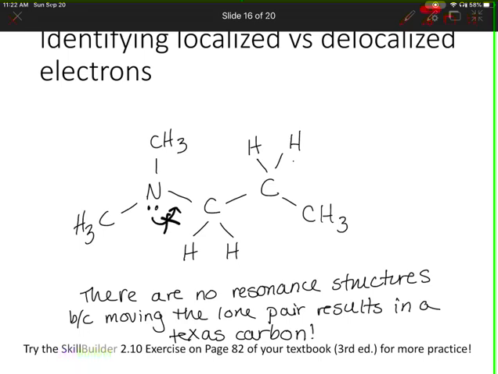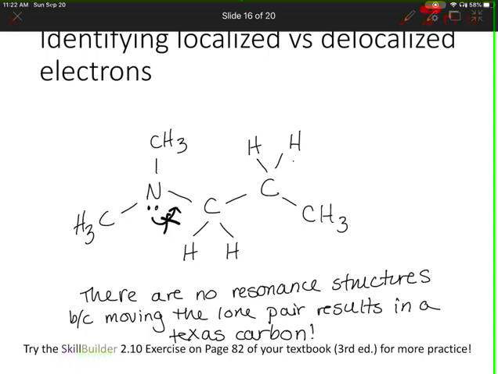Is it sp, sp2, or sp3? So let's start with the steric number. What is the steric number of that nitrogen? 4, because nitrogen's bonded to 3 things, and it has that lone pair of electrons all the time because it can't move, right?